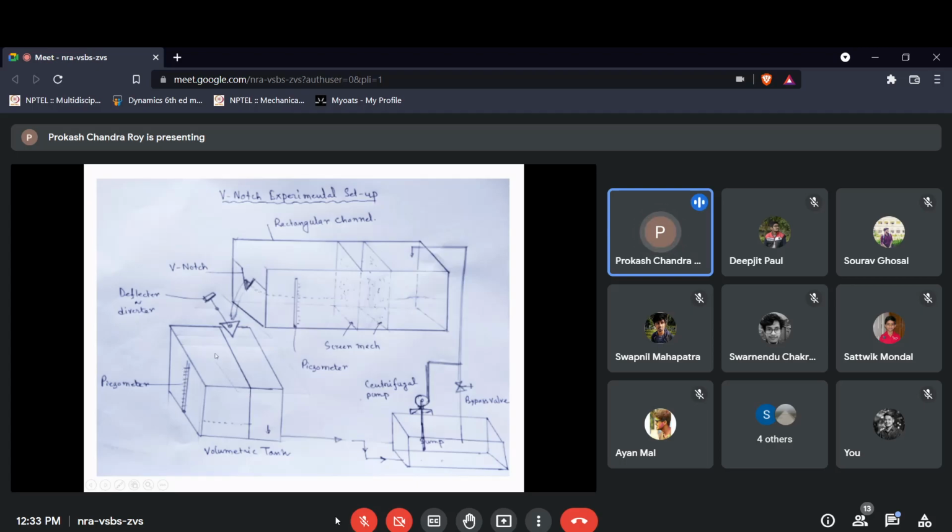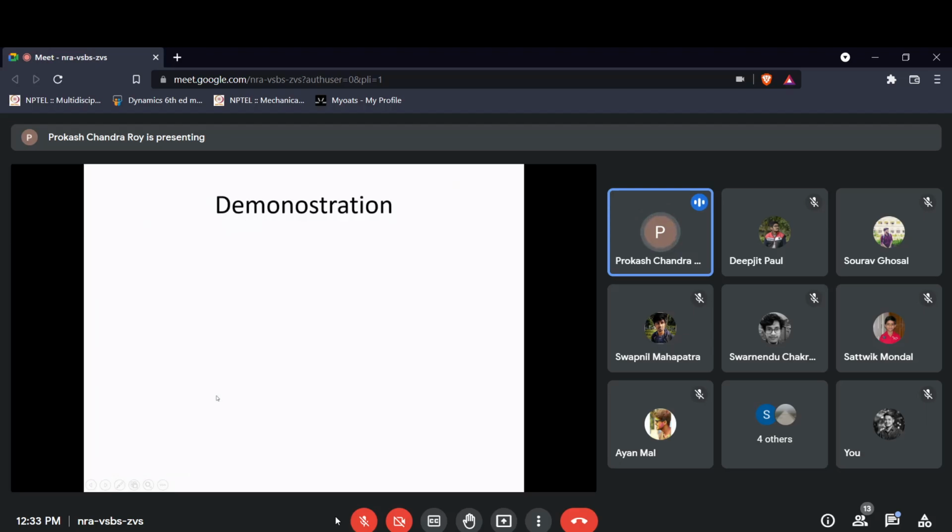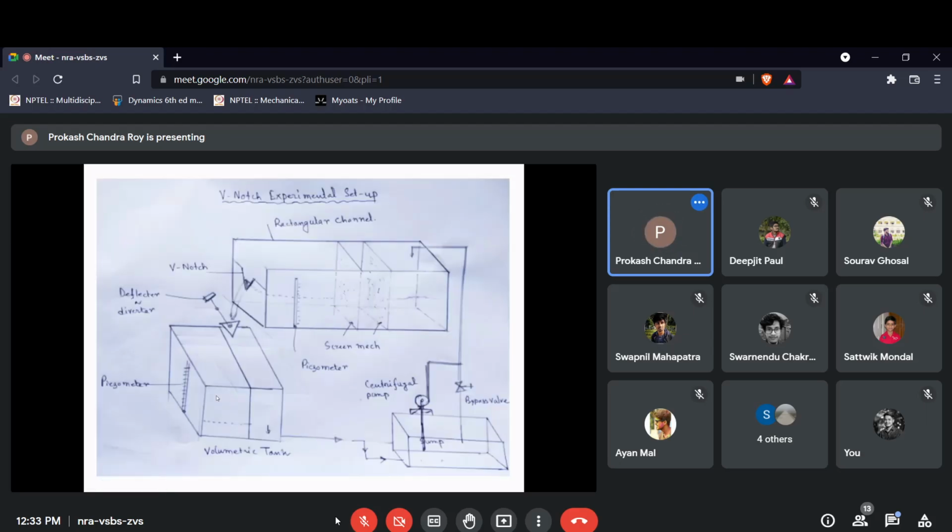This is basically a certain volume, and you know the area. When the water falls here, you are able to measure a certain volume, and you need to measure the time to fill that volume.